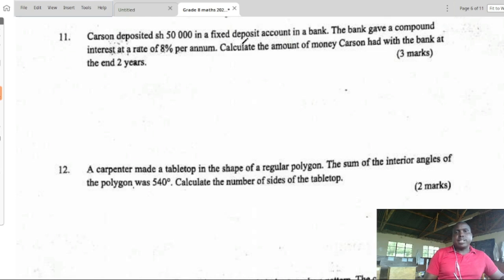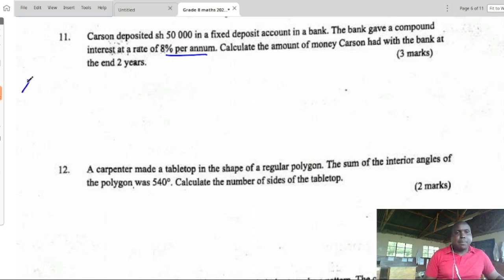A person deposited 50,000 in a fixed deposit account in a bank. The bank gave a compound interest of 8% per annum, which means per year. Calculate the amount of money the person had with the bank in 2 years. So you are in grade 8, and I want to introduce to you the compound interest formula.